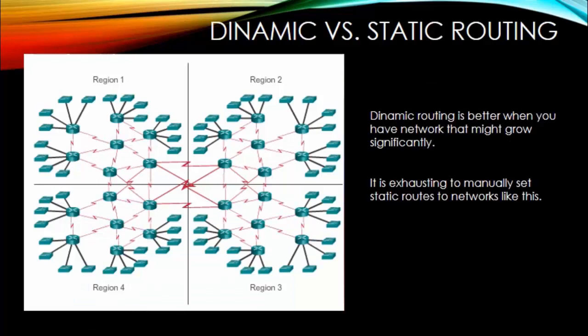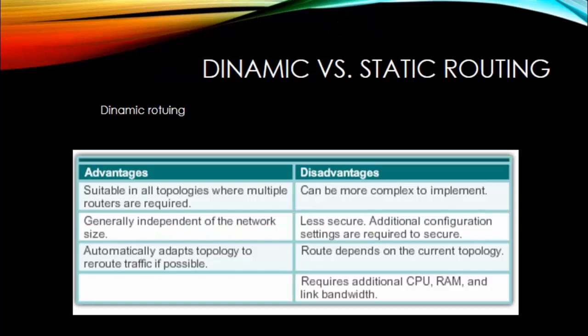Dynamic routing is better when you have networks that might grow significantly. It might be exhausting to manually set static routes to networks like this. In this table we can see the advantages and disadvantages of dynamic routing.